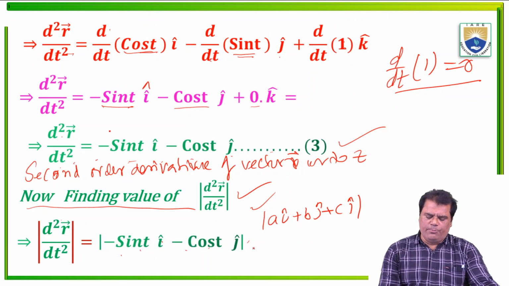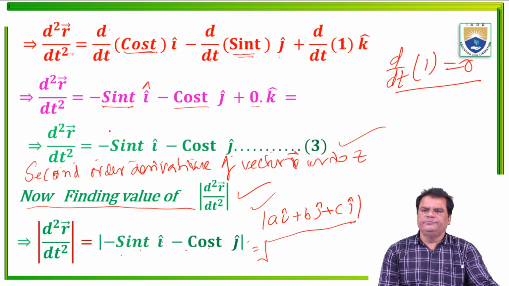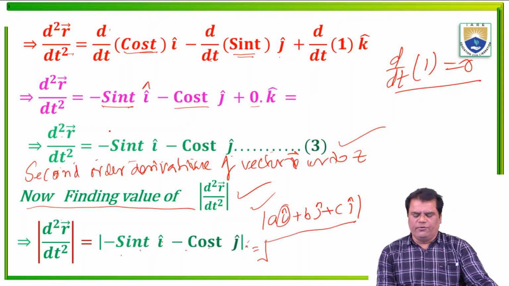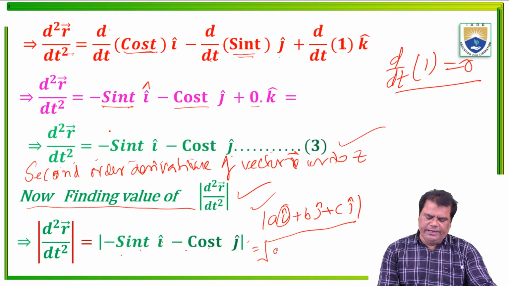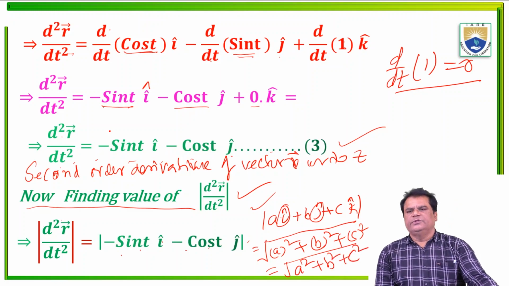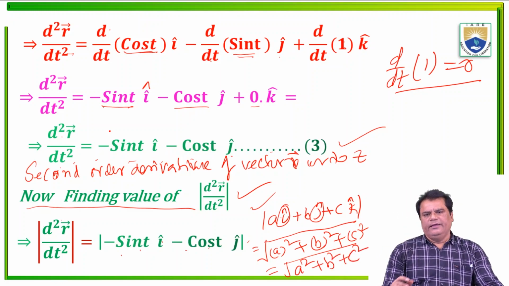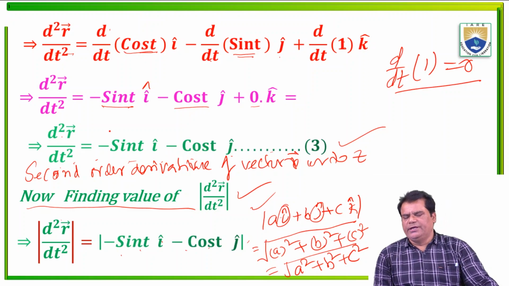So now mod is under root: the coefficient of i unit vector, a, squared; the coefficient of j, b, squared; the coefficient of k, c, squared. So this is mod equals under root a square plus b square plus c square. This is the modulus of the vector a i plus b j plus c k.